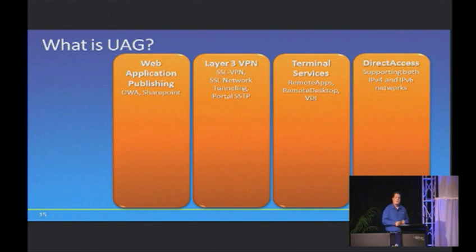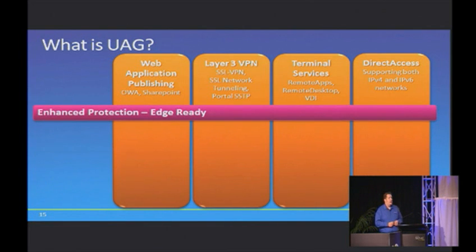What about UAG? If you know ISA Server, it has a new version called TMG, the Threat Management Gateway. That's built on Windows Server. So UAG is built on TMG. In UAG, you're able to have web application publishing, like OWA and Exchange. They are the most used ones.